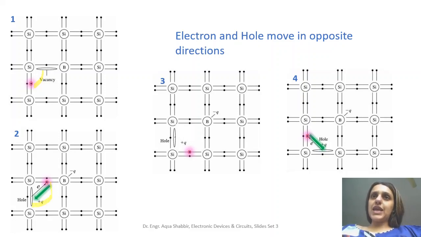Then in figure 3, another electron, which is over here, moves in to fill in the vacancy which was generated in figure 2. As this electron moves in to fill in the vacancy over here, it creates a vacancy in its position. So the important thing to note here is that the movement of electrons is always opposite to the movement of holes.